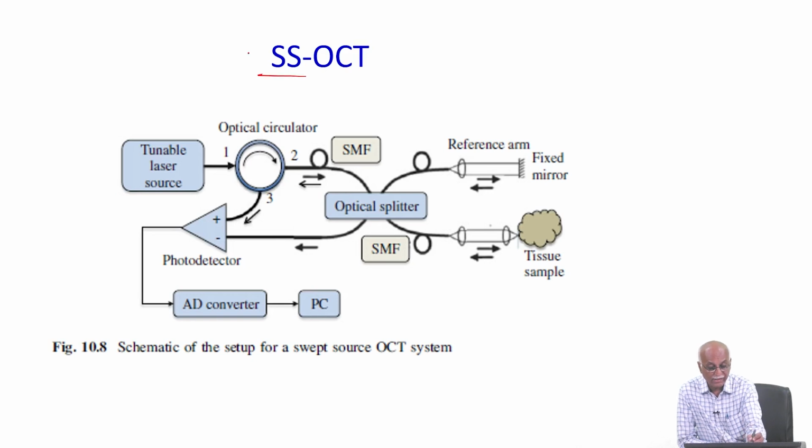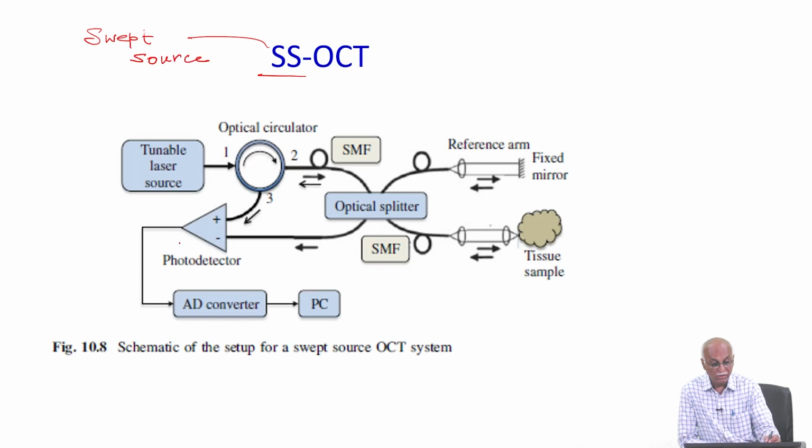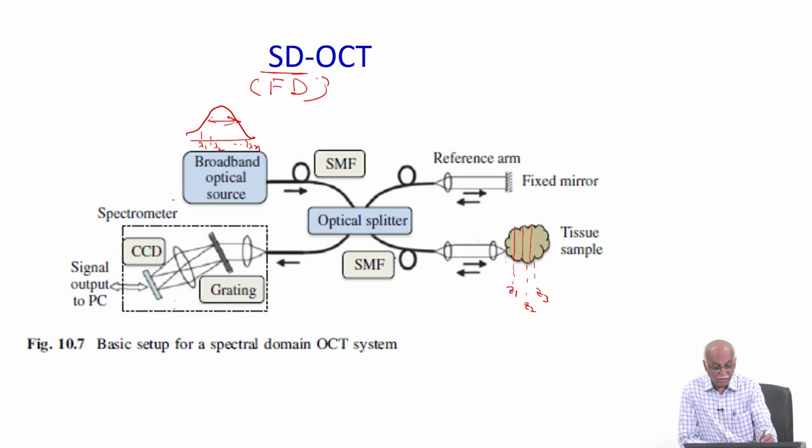In case of swept source OCT, of course, it is similar to frequency domain. However, now instead of using a spectrometer, what we are doing is using a tunable laser source. See, the spectrometer converts all these wavelengths, lambda 1, lambda 2, etc., such that at different detector points we will have different wavelength outputs.